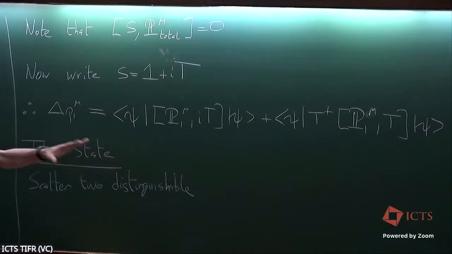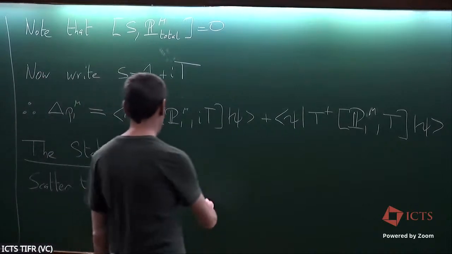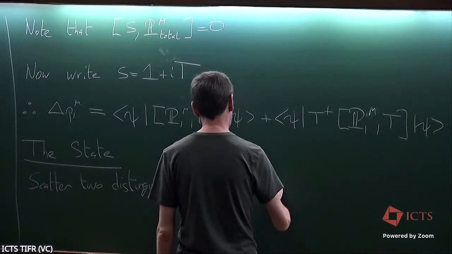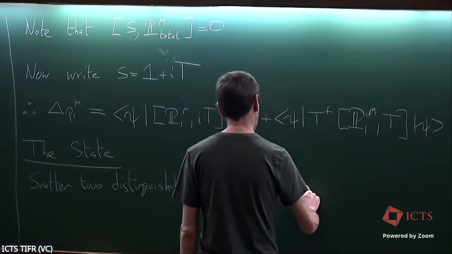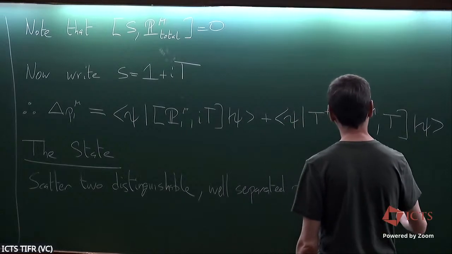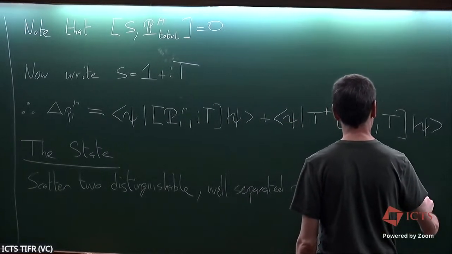So I'll take them to be far apart in the far past. Two distinguishable, well separated. I want to give them different masses. I really just want these particles to be totally different.